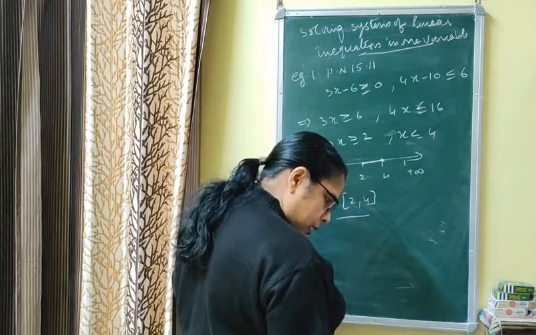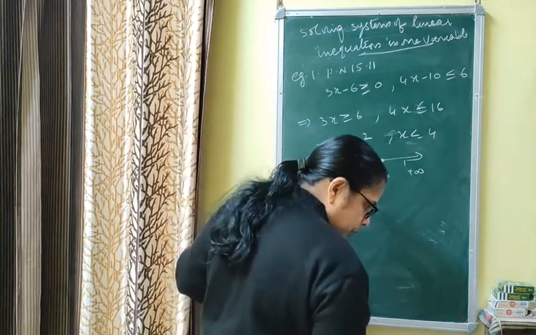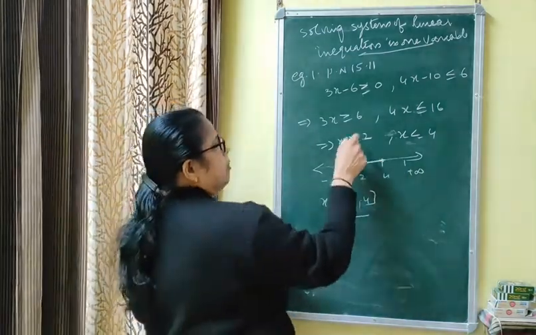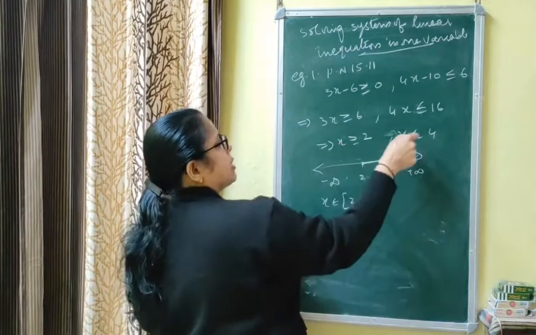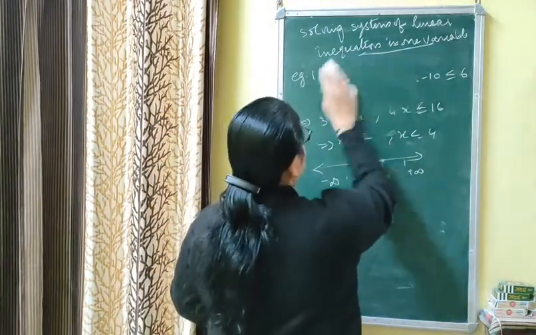Then common region is... It is given in complicated form. We will do it directly. RD में इसका नंबर लेना है, अलग बनाया, इसका बनाया, फिर कॉमन लिया. ऐसे लेने की कोई जरूरत नहीं है, डायरेक्ट आप कर सकते हैं.